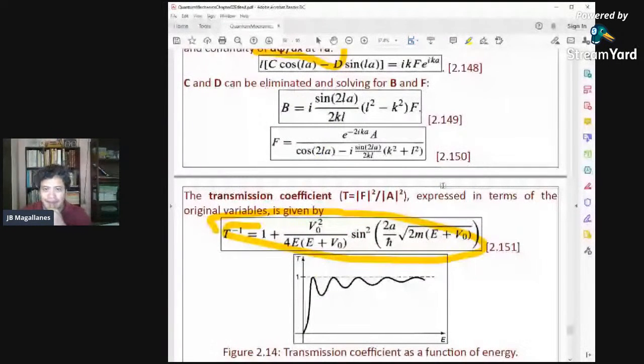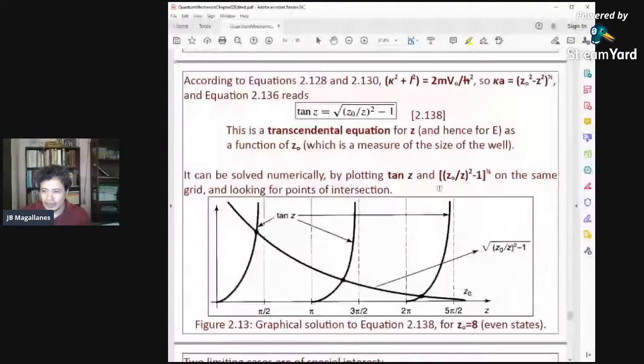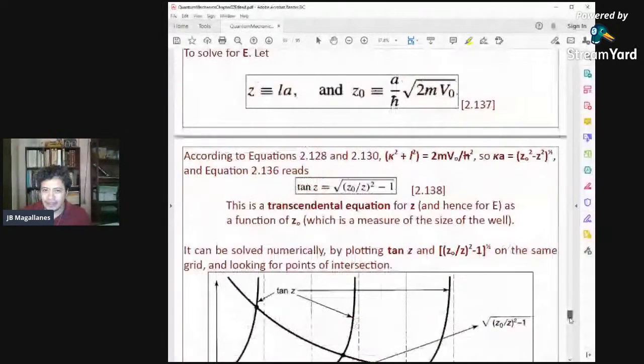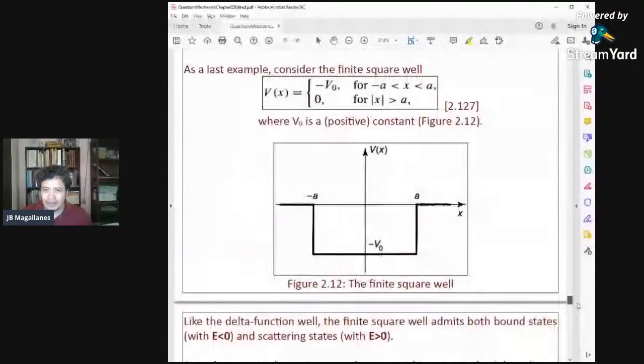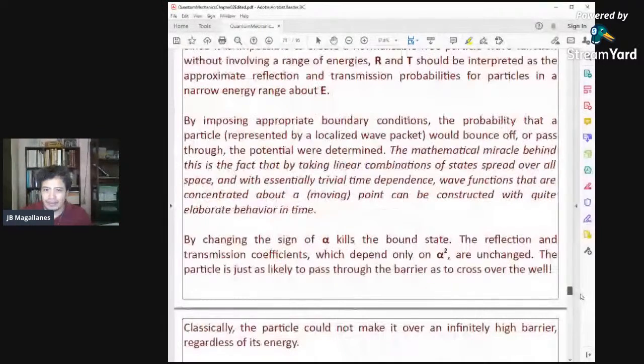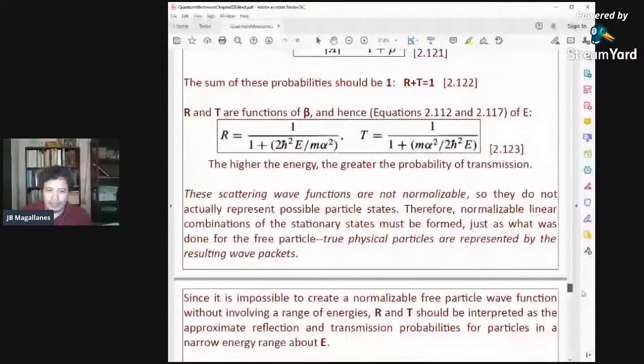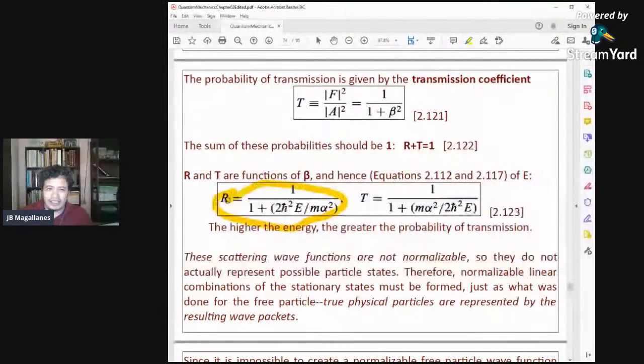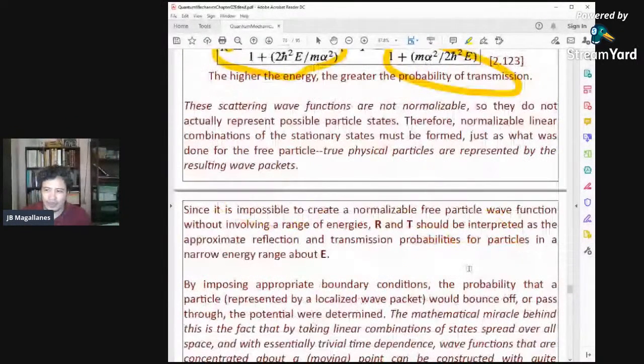These are also elements of the matrix, this is S11 and this is S21 in this case, where G is equal to 0.